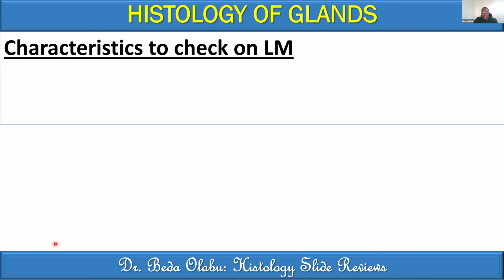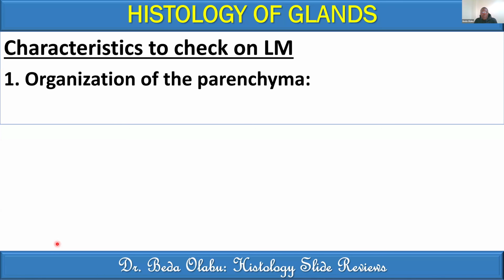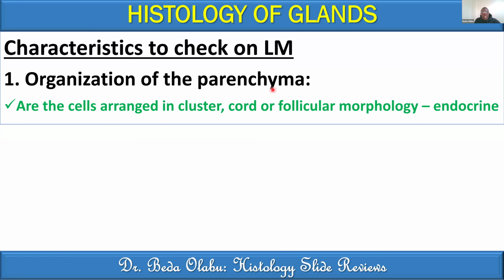Now, there are some things you may need to check when you want to histologically evaluate a gland. One of them is how the parenchyma of that gland is organized. For example, look at how the cells of the parenchyma are arranged. Are they in a cluster morphology, which means the cells are just lumped together?